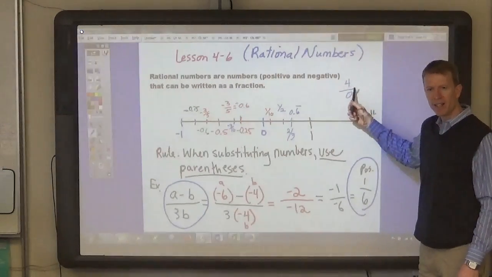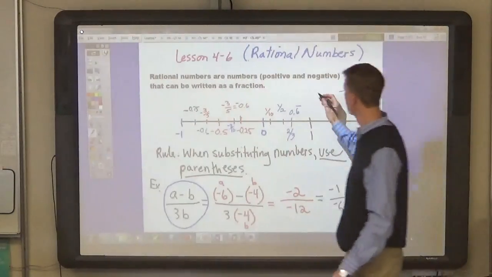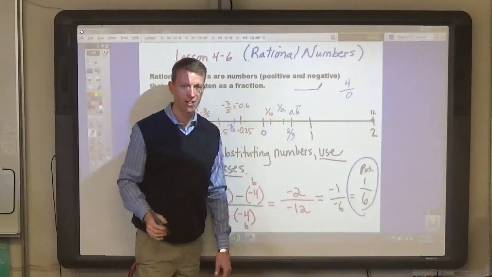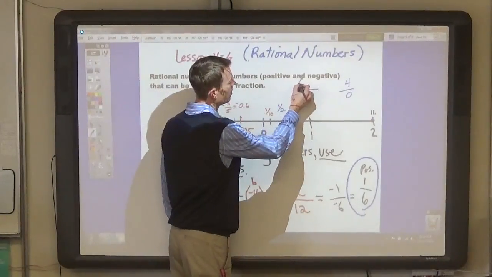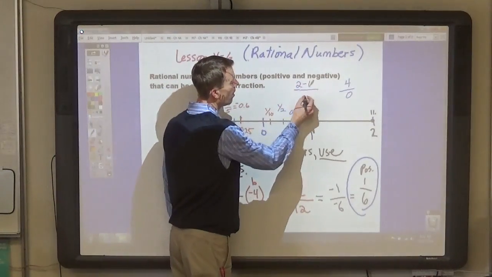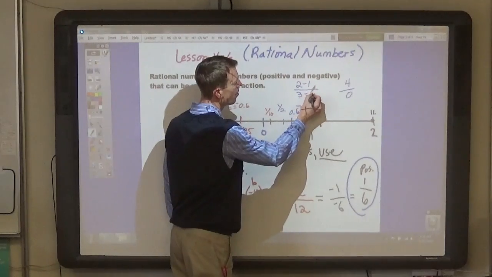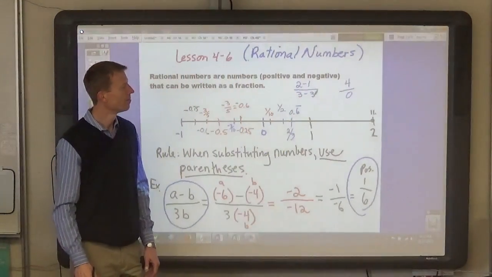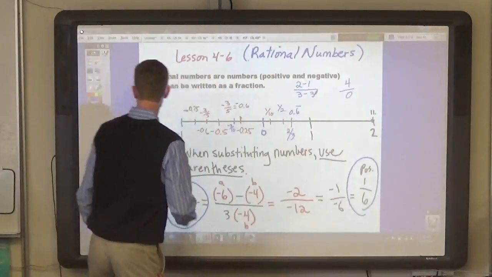Now, how might you end up with something like this? Well, if you were simplifying a fraction that was 2 minus 1 over 3 minus 3. Well, that wouldn't be 4. Let me do this.